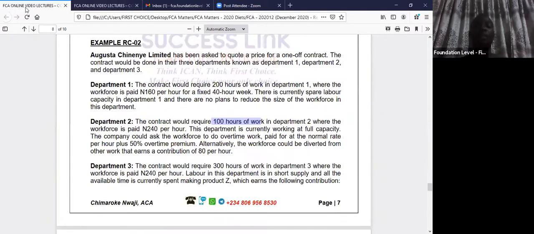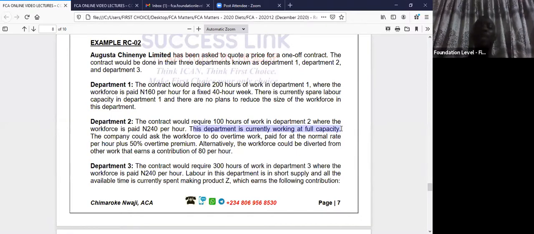Let's see. They said the contract would require 100 hours of work in Department 2, where the workforce is paid 240 naira per hour. They're just informing you. This department is currently working at full capacity. Now, what does it tell you?